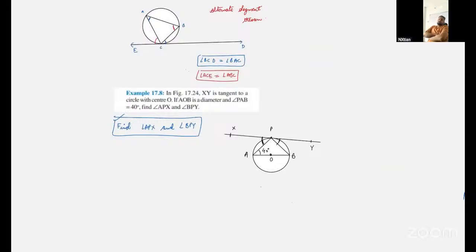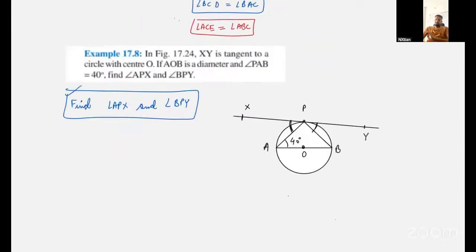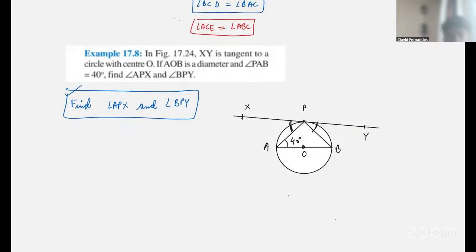Now you guys try. We have this example 17.8 in our book.